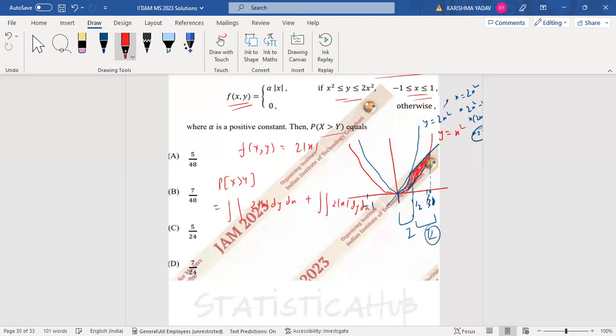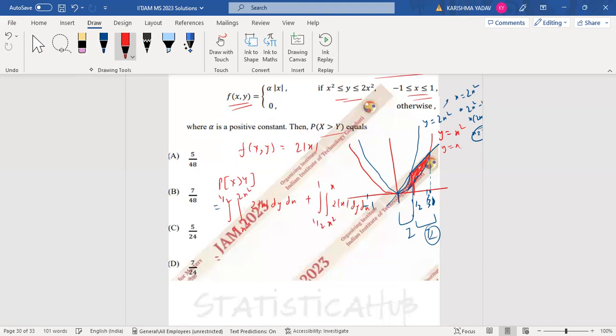In the first region y is taking x square to 2x square, and x is taking 0 to 1 by 2. In the second region y is taking x square to x, because this is the y equals x line, and x is taking 1 by 2 to 1. Now let's solve this.